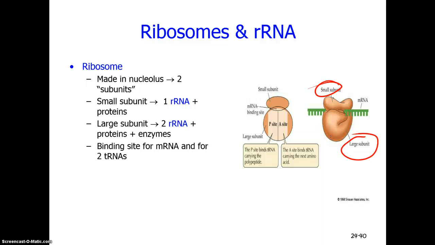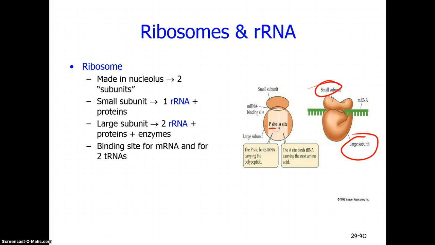What I'm concerned about is that you understand that rRNA makes up the ribosome, that the large subunit does have some enzymes in there, and that you've got your large subunit and your small subunit.